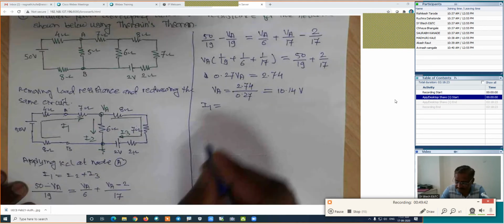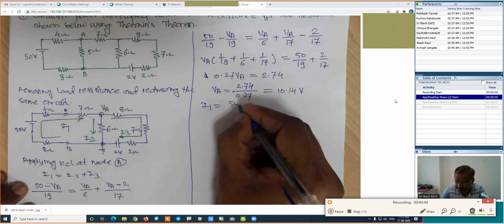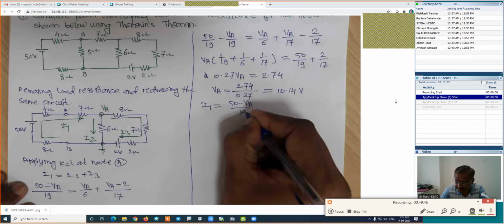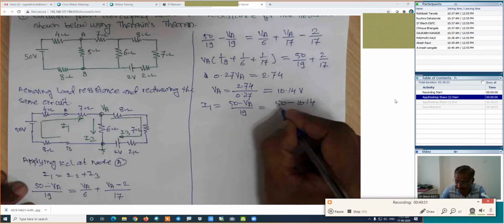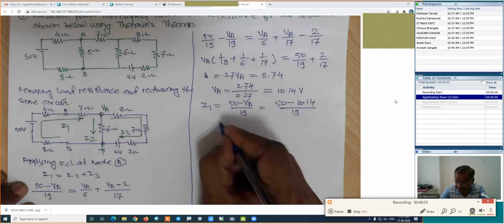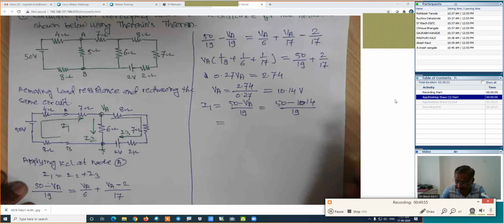It is (50 − VA) divided by 19, which is equal to (50 − 10.14) divided by 19. Find out its current, which is I1.